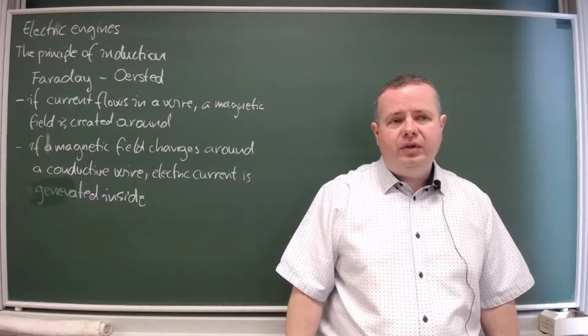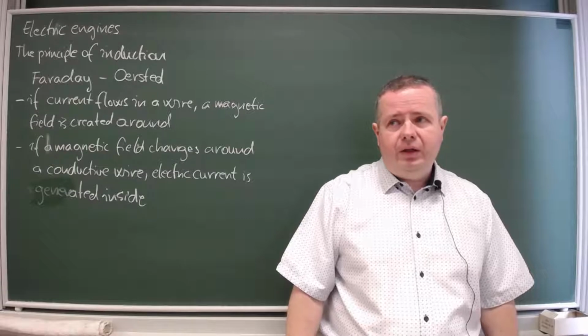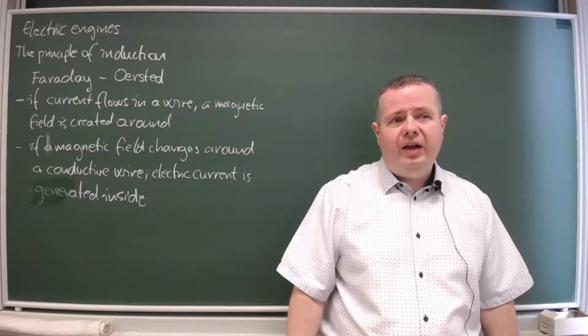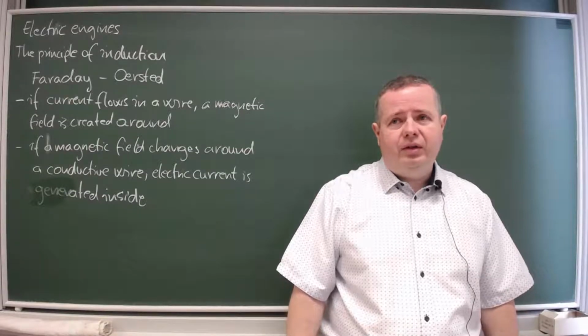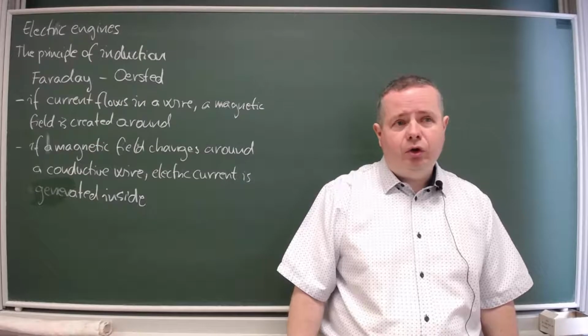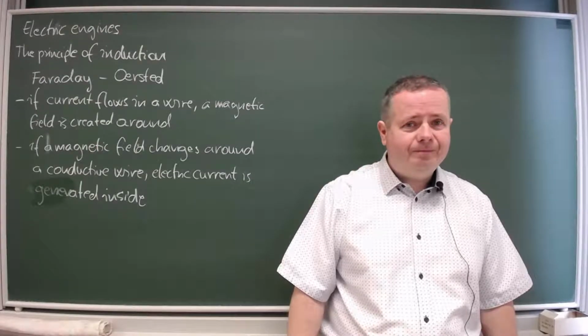At that time, scientists were playing a lot with electric magnets. For example, the American Henry was an expert in electric magnets, because it was quite easy to make linear motion with them.